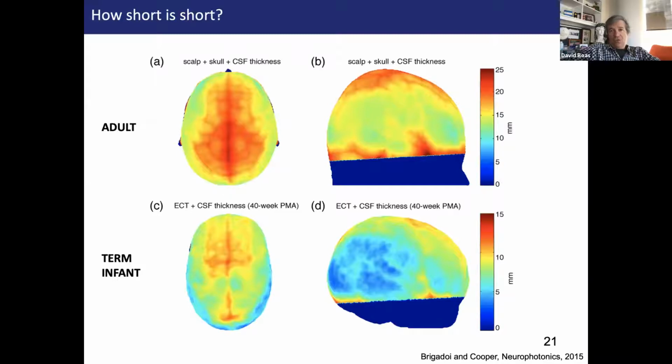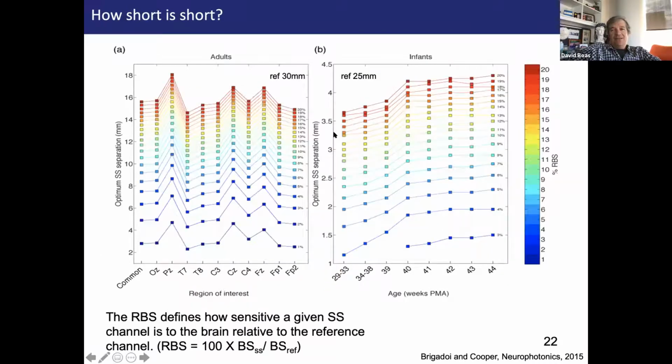Okay, so this is nice work from Sabrina Brigadoy and Rob Cooper, looking at the typical thickness of the extracerebral layer: the scalp, skull, and CSF thickness. So how deep is the brain in the adult versus the infant? They use these models to calculate how short the short separation needs to be.